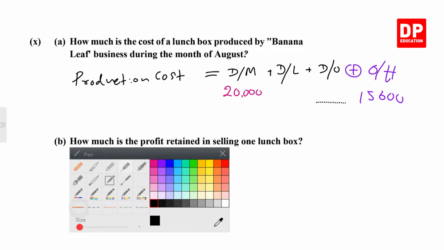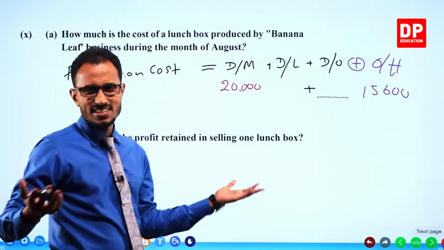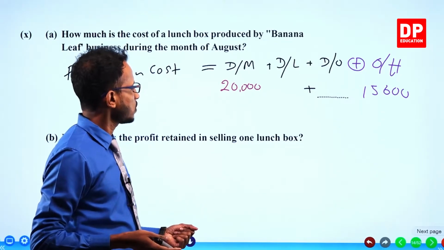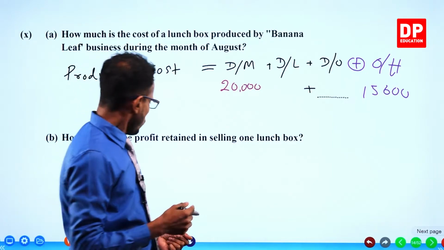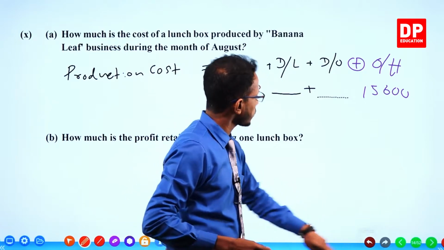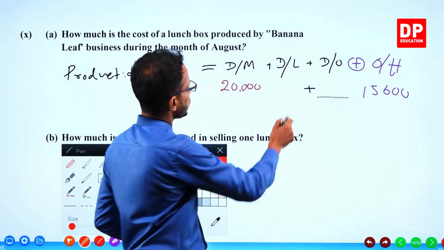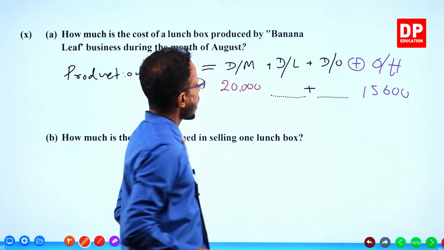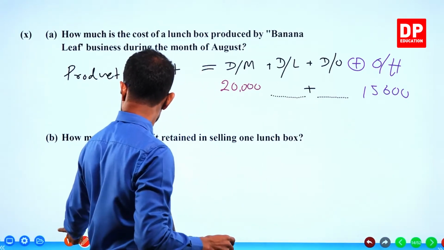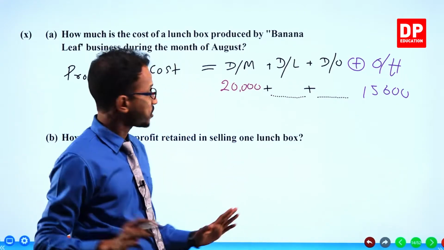We don't have direct labor. We didn't see direct labor cost. No. So, if no direct labor is given in this question, and if no direct other costs are given in this question, is this it?